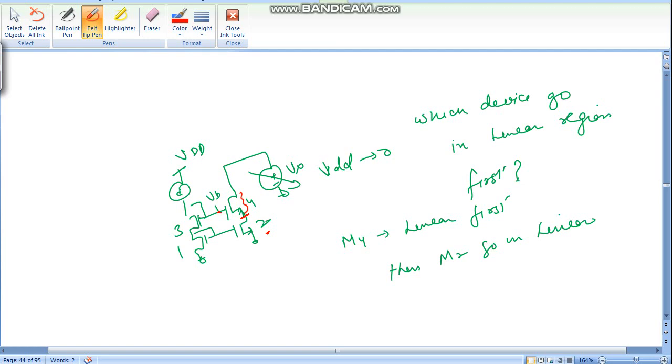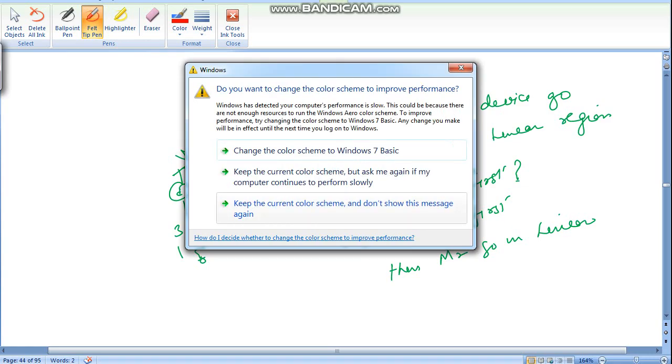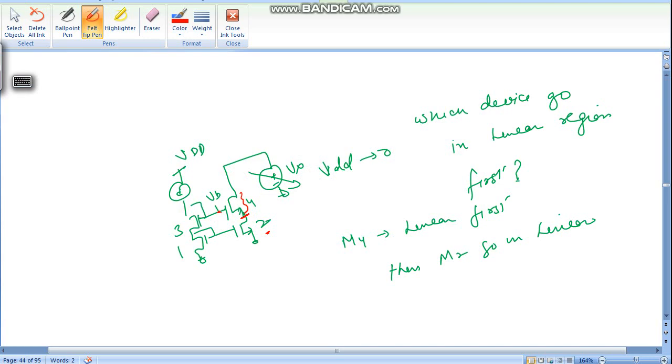Now the other thing is how to size these cascode devices. It is good if we take a higher W/L for them. W/L for 3 and 4 should be greater than W/L of 1 and 2.